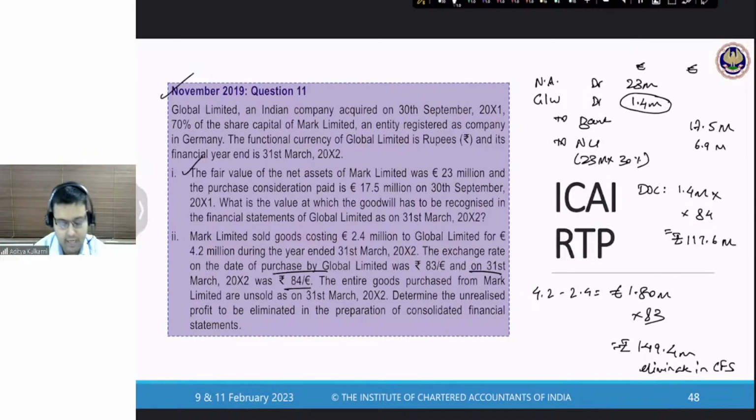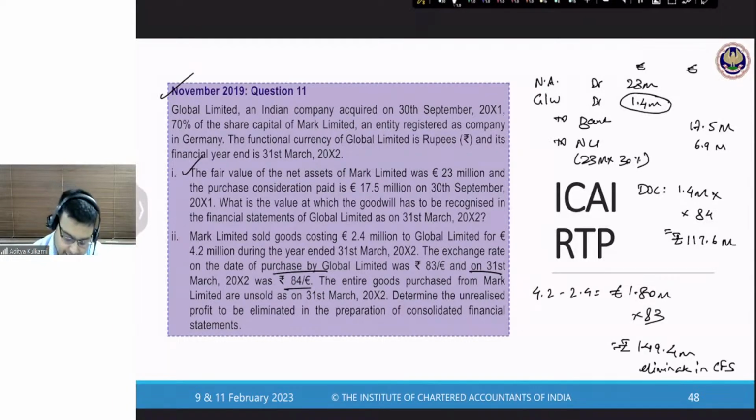Okay, so that takes care of this easy question on goodwill and inter-profit eliminations. So that completes our discussions on Ind AS 21 consolidation perspectives.